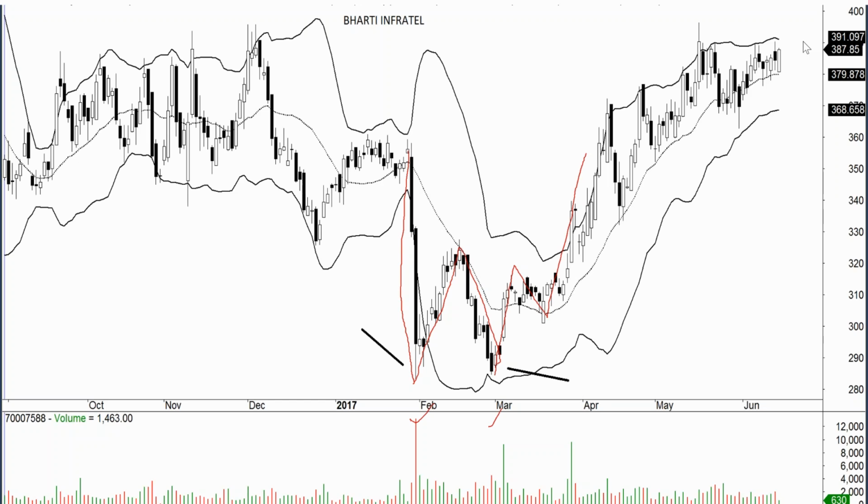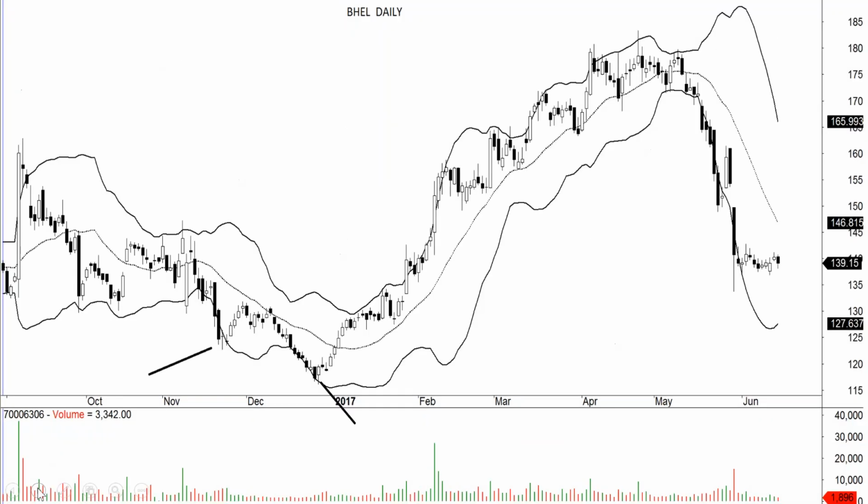Now the question is this: where will you enter and where will be your stop loss? Let us see one more chart. First, the close is outside the band, it moves up, takes resistance at the middle band, comes down again, closes inside the band, see the volumes, and it moves up again.